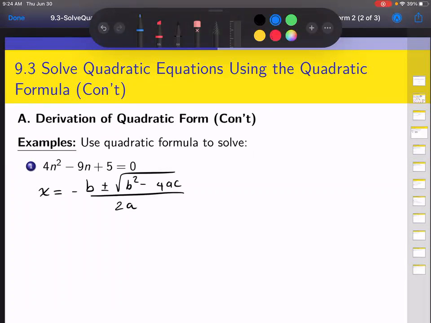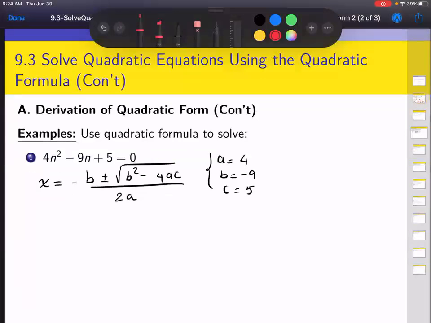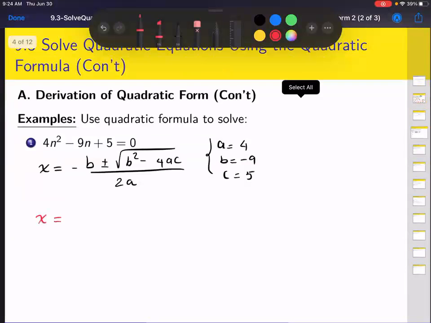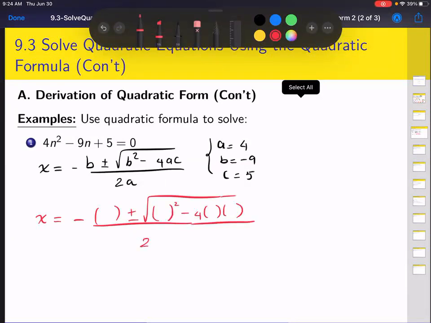What is a here? A is 4, B is -9, and C is 5. I recommend you write these down. And now we plug it in. What I'm going to do is replace the letters with parentheses. So minus parentheses plus or minus square root of parentheses squared minus 4 times parentheses over 2 times parentheses.